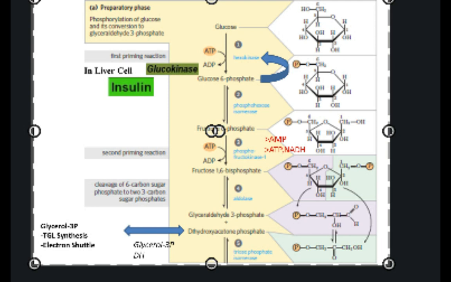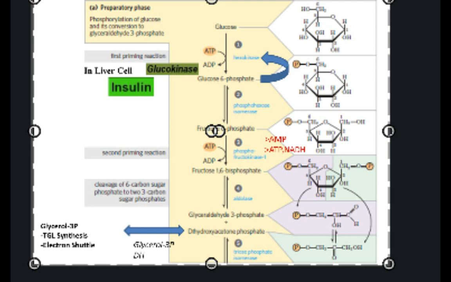So phosphofructokinase, even at high energy level, will produce fructose 1,6 bisphosphate, and then aldolase will break down this fructose 1,6 bisphosphate into three carbon compounds, glyceraldehyde 3 phosphate and dihydroxyacetone. If the cell is at high energy level, then dihydroxyacetone will be utilized for triglyceride synthesis.